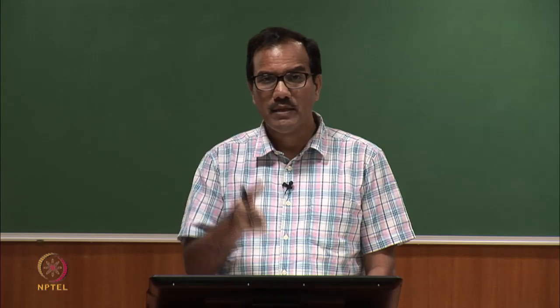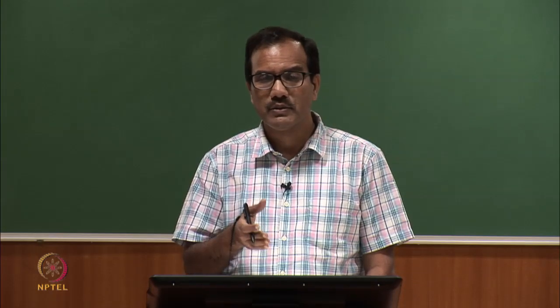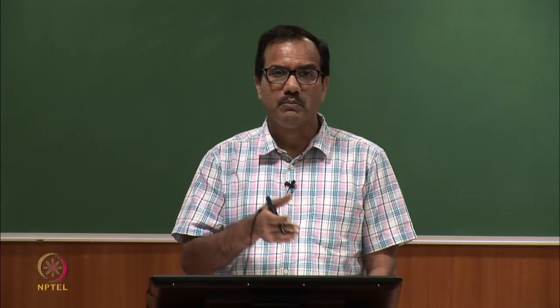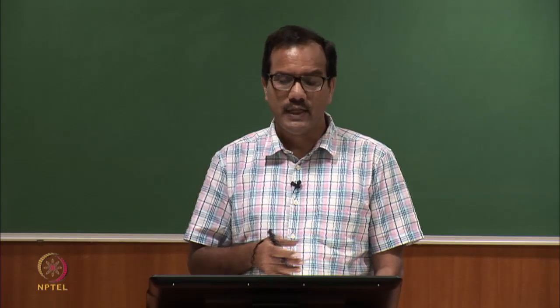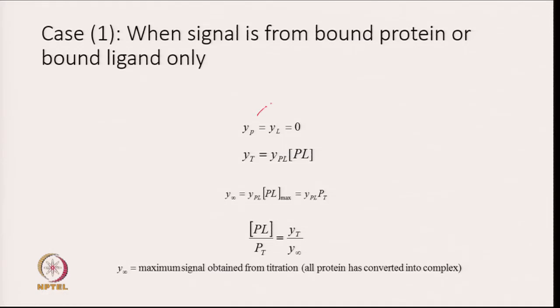Then at that lambda max there is no contribution from free protein or free ligand. In that case, we can take YP equal to YL equal to 0. So, YT will only be due to complex. So, you will get something like this spectra. This is your signal Y, and this is your ligand concentration.